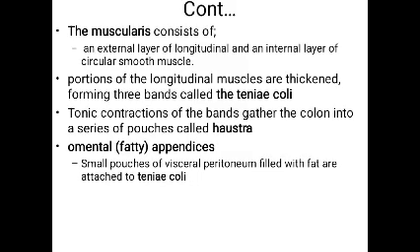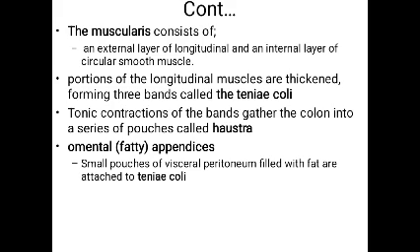The muscularis consists of an external layer of longitudinal and an internal layer of circular smooth muscle. Portions of the longitudinal muscles are thickened, forming three bands called the tenia coli.